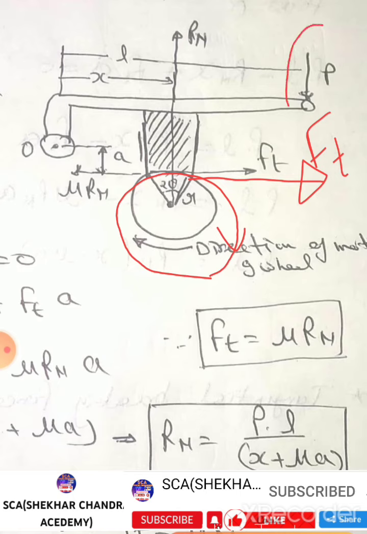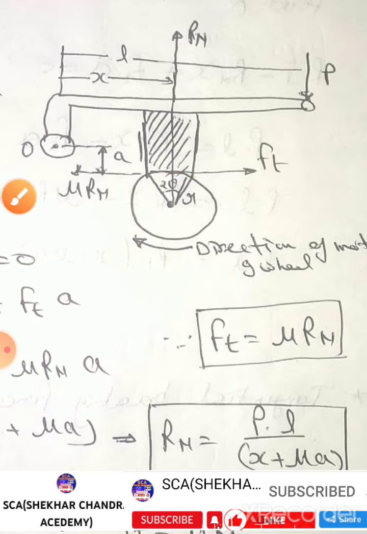P is the downward vertical force. Mu Rn is the normal reaction. O is the fulcrum of the bell crank lever. x is the horizontal distance from O to Rn. L is the horizontal distance from point O to applied force P.